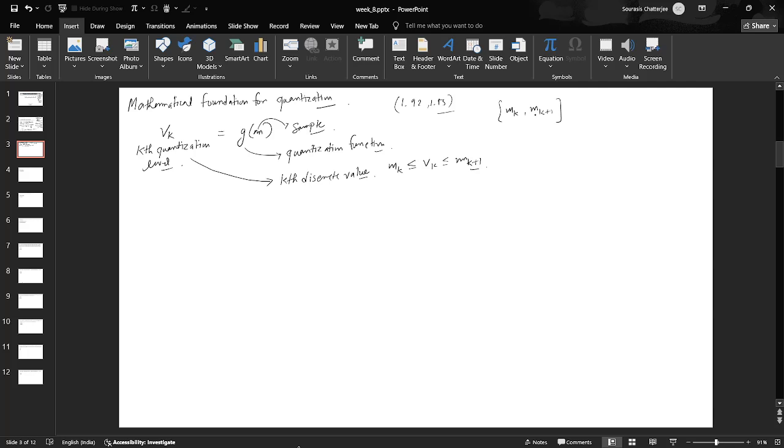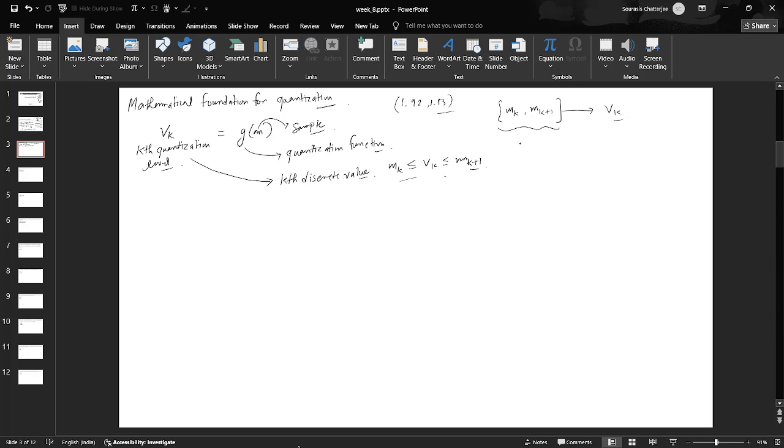Similarly, in this interval also there are infinitely many numbers. So in quantization we map this entire interval to a discrete value, that is Vk. Whenever the sample m takes a value in this particular interval, I just map it to Vk.